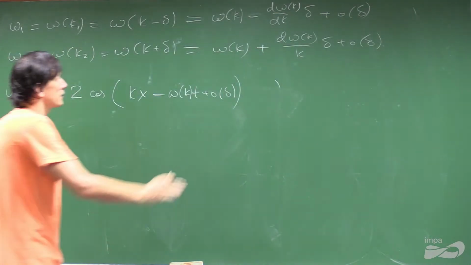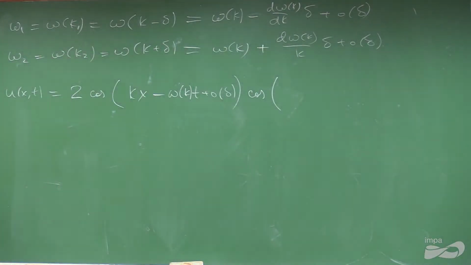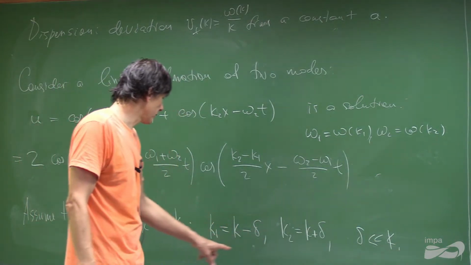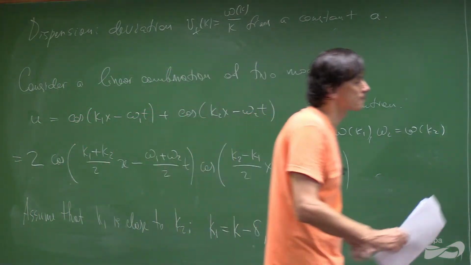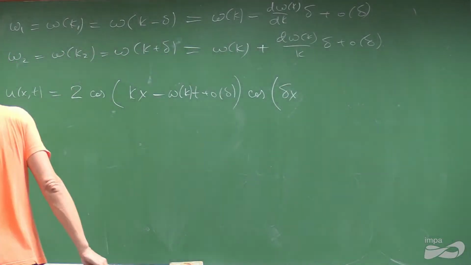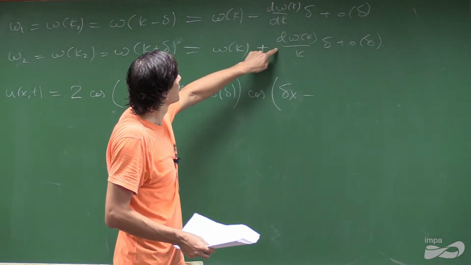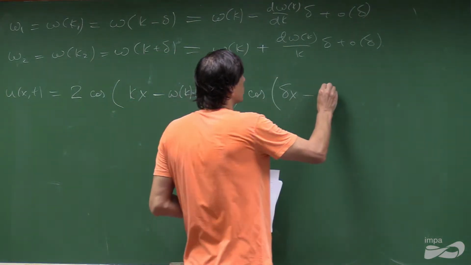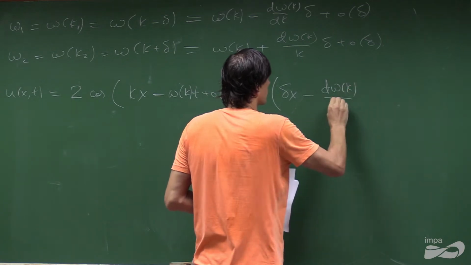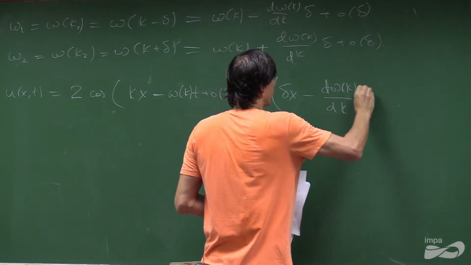And the second cosine will be about the difference. So the half difference, you take K2 minus K1 divided by 2. It will give the delta. And then it will be minus, and then taking the difference and dividing by 2, it gives you the derivative, delta t.